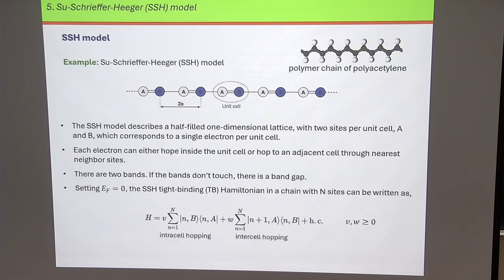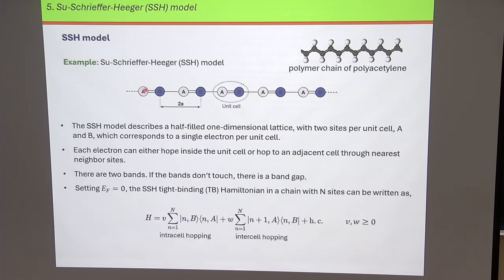So the Hamiltonian has this structure here. We can have hopping from A to B inside the same cell, or hopping from A to B from different cells. N marks the cell.